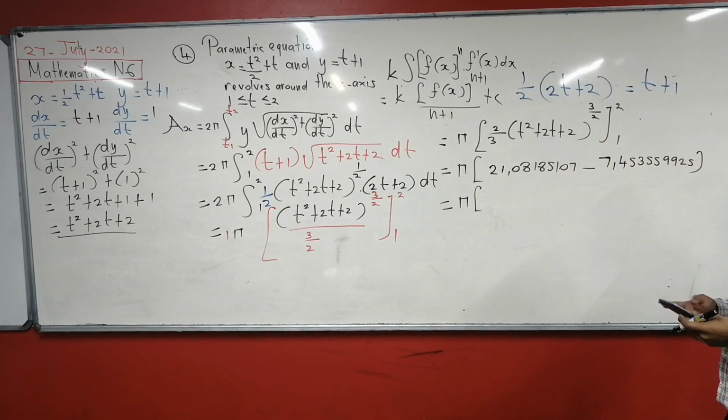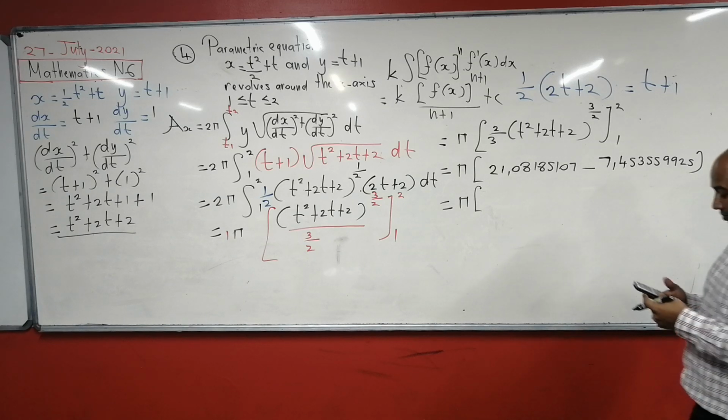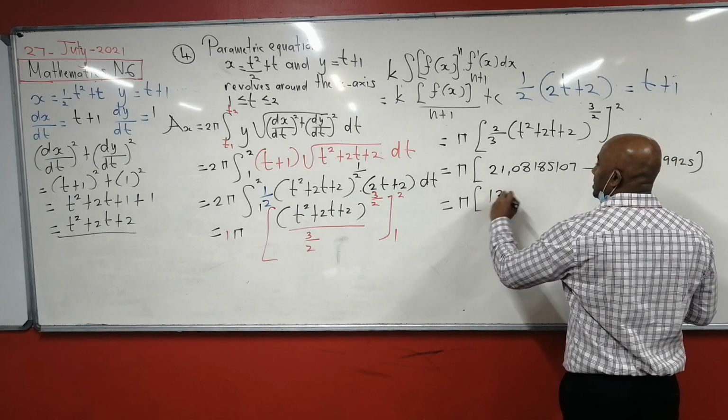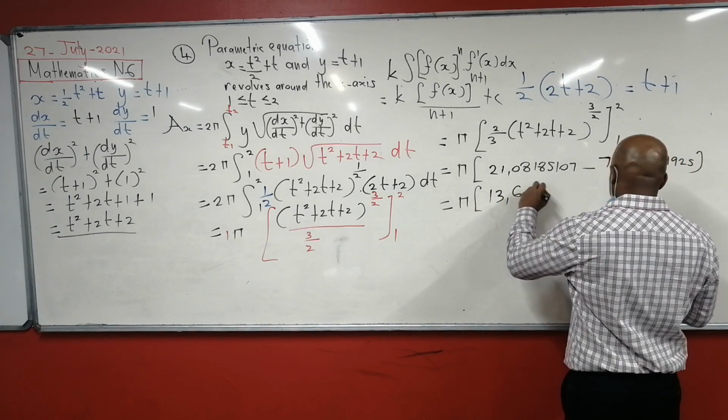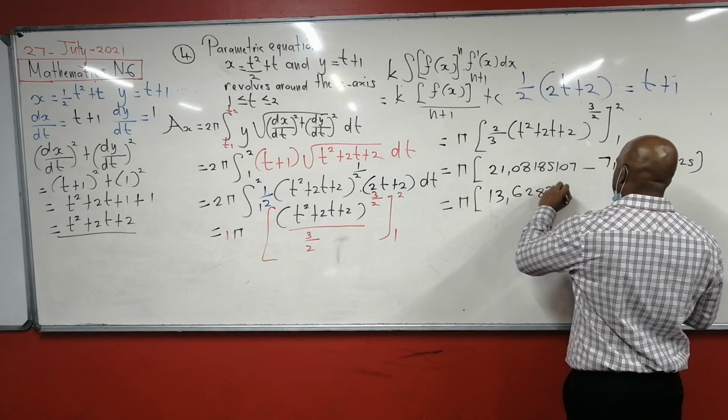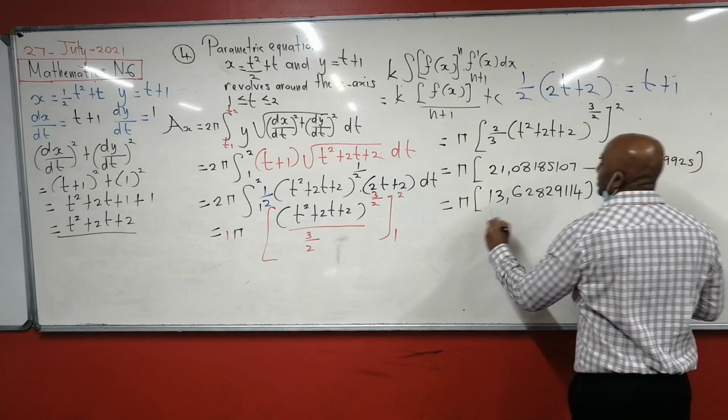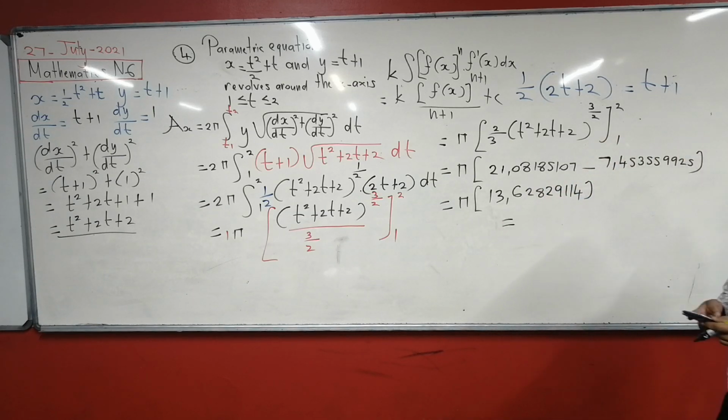So if I substitute 2, I get that minus 7.453559925. I get 13.628291114 multiplied by pi.